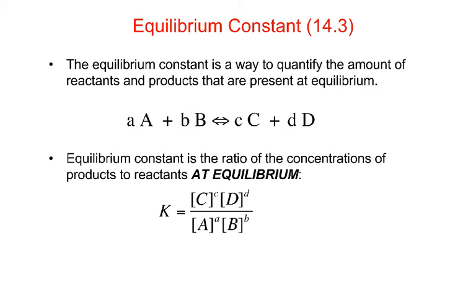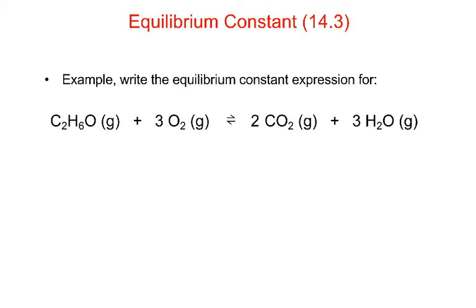So let's look at an example of writing an equilibrium constant expression. All right, so we're going to write the equilibrium constant expression for this reaction. It's always good to check and make sure that our reaction is balanced. And in this case, it is. So our equilibrium constant expression for this reaction is going to be K is equal to, so it's always products over reactants.